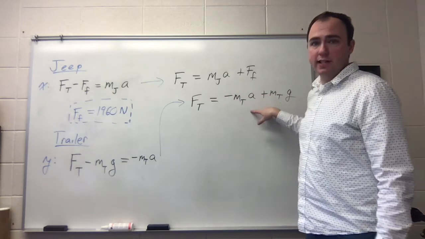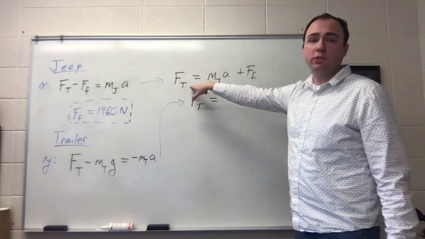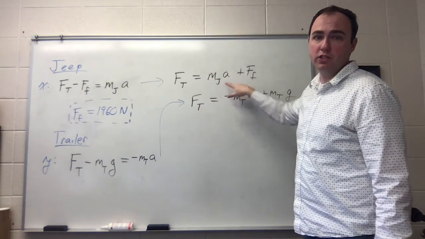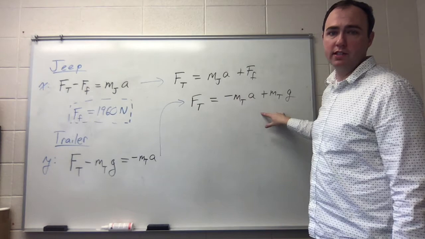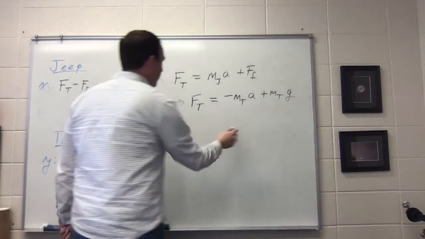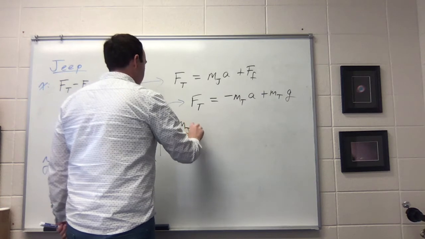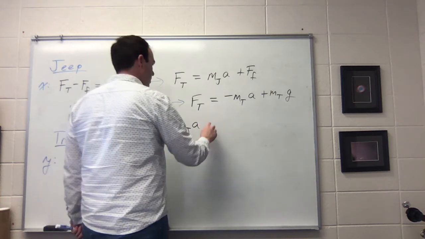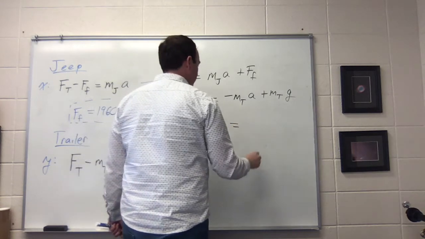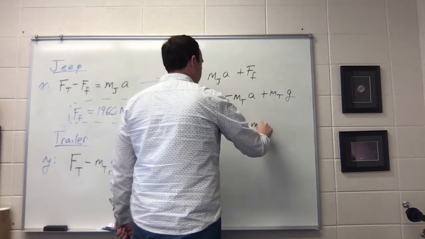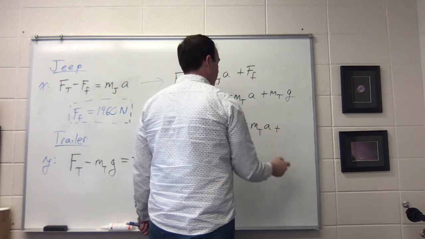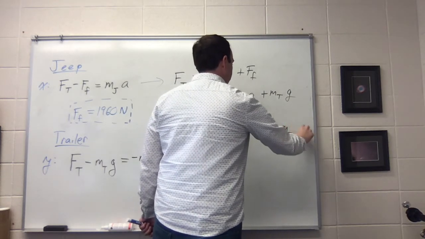Now, the right-hand sides of both of these equations are both equal to the force of tension, so that means that this expression is equal to this expression. So I can write that down as a single equation then. That becomes the mass of the Jeep times acceleration plus the force of friction is equal to negative mass of the trailer times acceleration plus mass of the trailer times g.